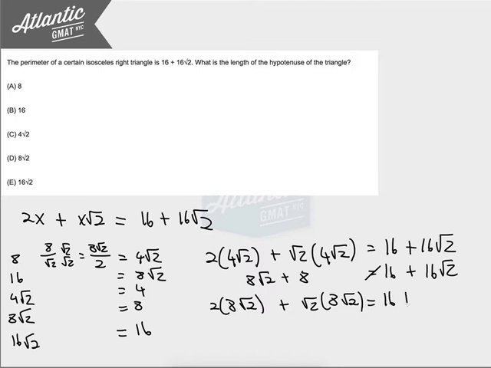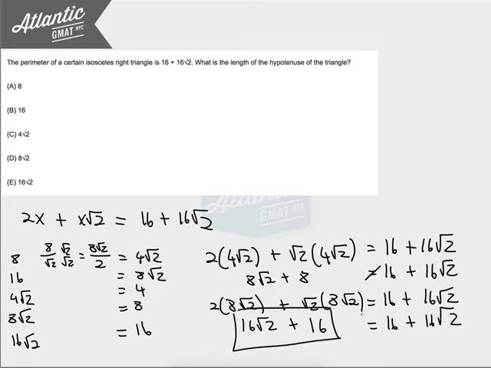We can already kind of see that this one is matching up better because we're going to get 16. And then the root 2 times root 2 is just 2. And this is clearly the same as this. So that one works. So the answer must be B, 16.